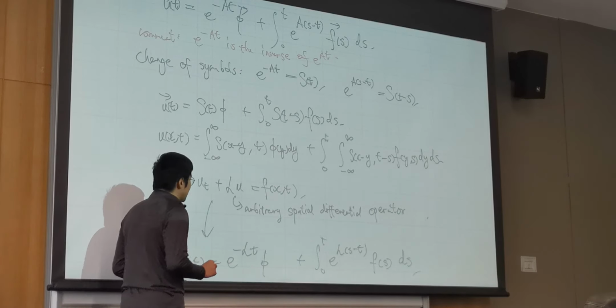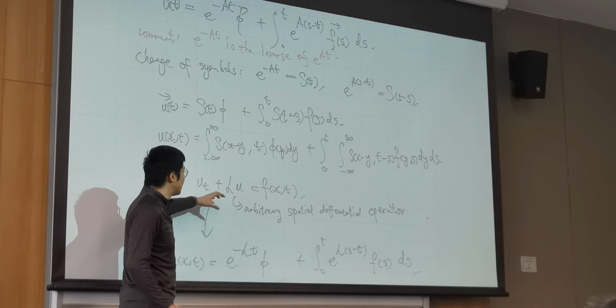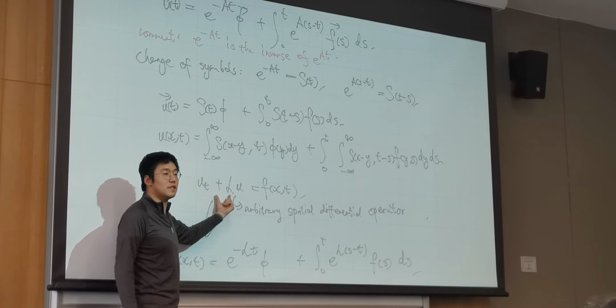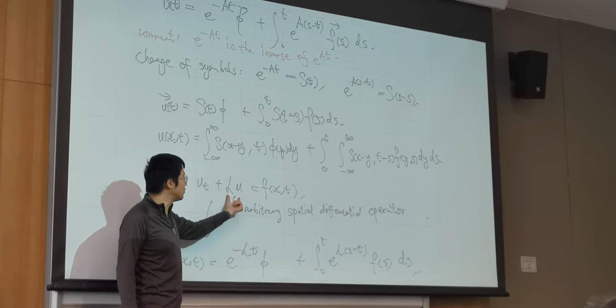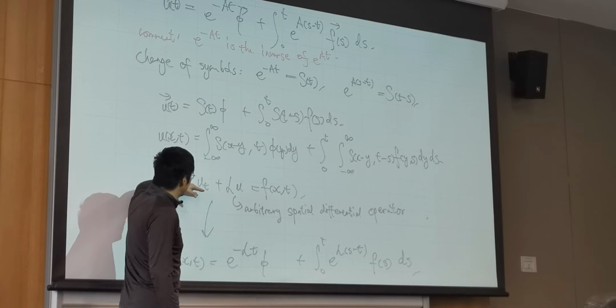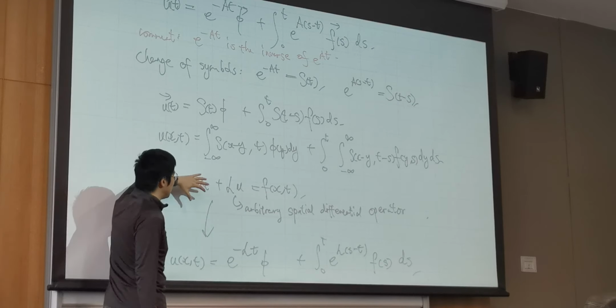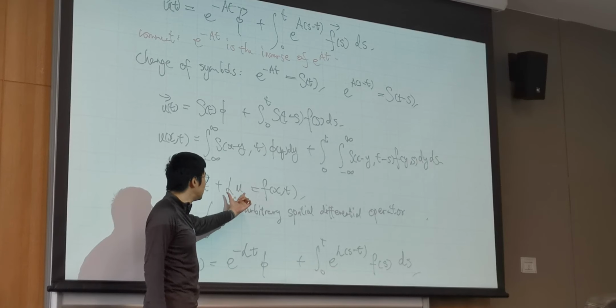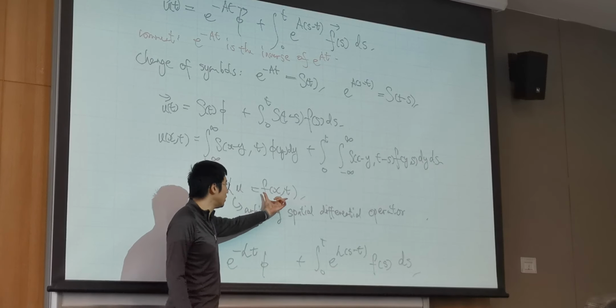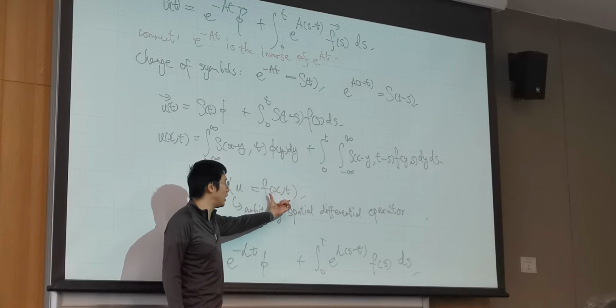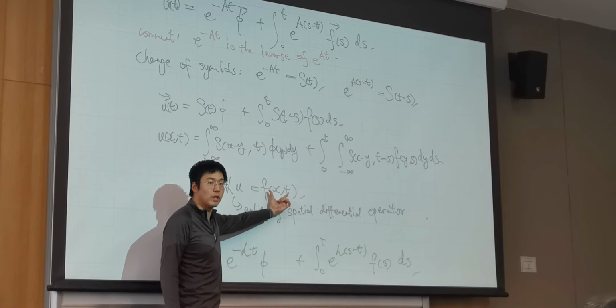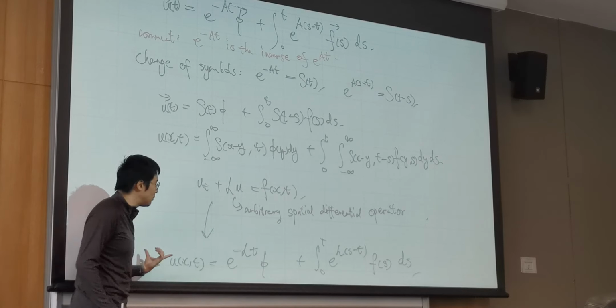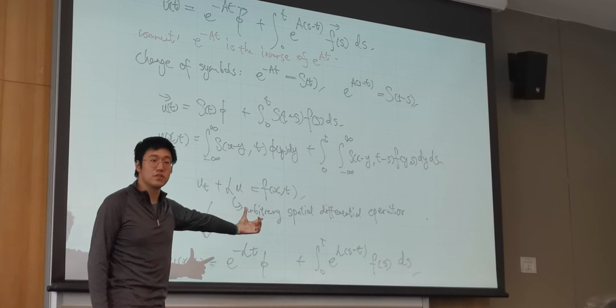I would like to unveil is that, as long as everything is going forward as a linear equation, which satisfies the form u_t plus a certain linear differential operator of u, and then we are having a source term f(x,t) on the right hand side, then this type of solution is going to stand.